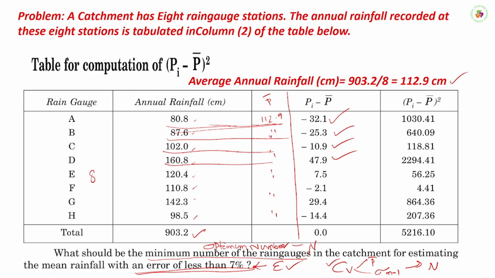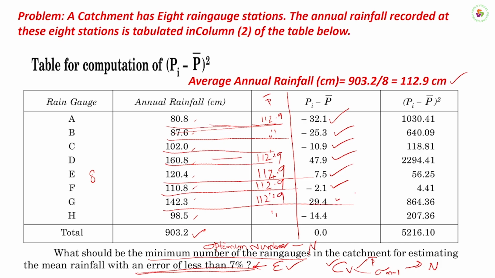Fourth one, because it is 160.8 against 112.9, the difference is positive. Then 120.4 against 112.9 gives 7.5. Then 110.8 against 112.9, so minus 2.1. Then 142.3 minus 112.9 is 29.4. Then 95 minus this, minus 17.9. If you put all together, you should automatically get 0, because that is one of the fundamental rules.